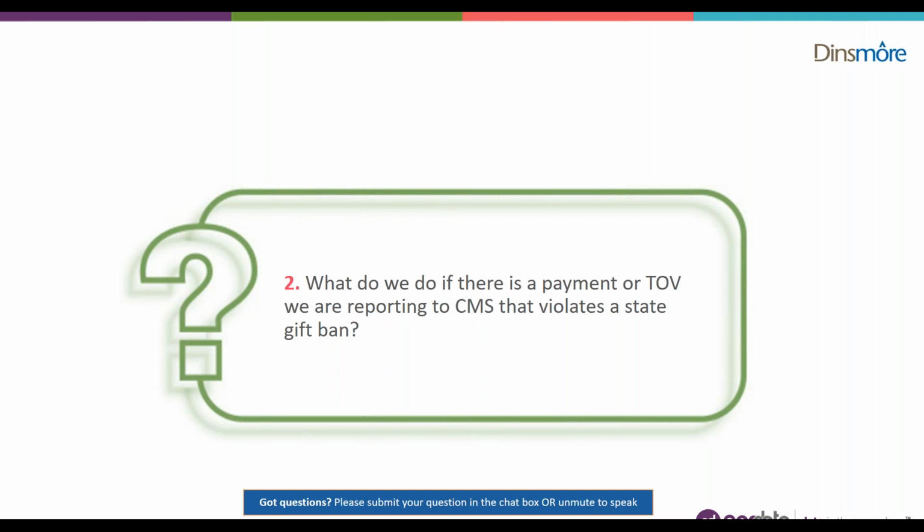The Veterans Administration has its own policies on interactions with industry. So there might be something that you're reporting at the federal level to Open Payments that, although it doesn't violate a state law, may violate something else. Those also need to be considered and thought through, how you will address and fix those issues. So keep it on your radar. I know here we're focusing on the state laws and the interplay with federal, but there are other requirements as well, like the government ethics rules.